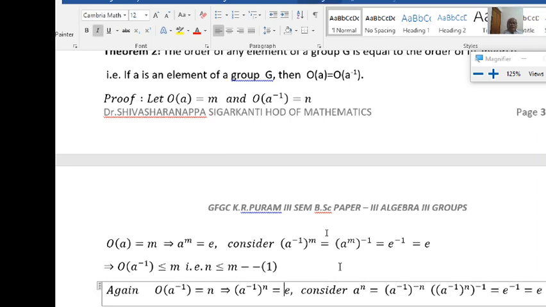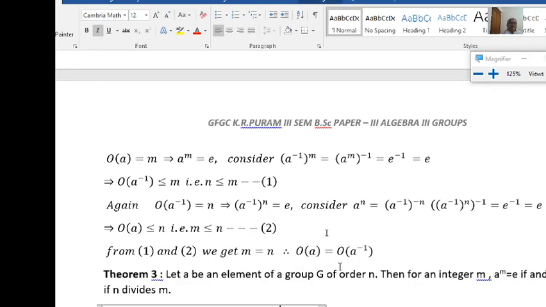Okay. Then again order of A inverse is equal to N we have taken. This implies A to the power of minus 1 to the power of N must be equal to E. Order of A inverse equal to N means this to the power of N is equal to identity. That is A inverse to the power of N is equal to identity.